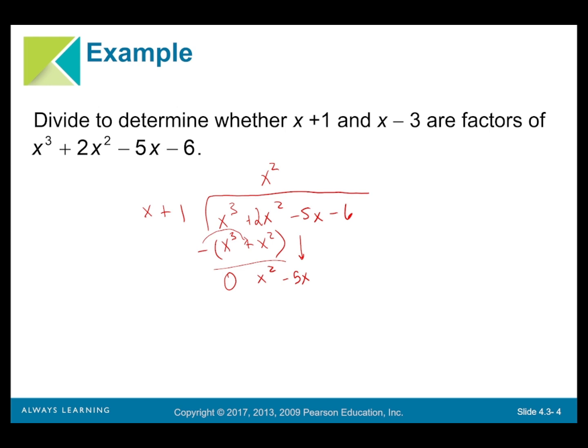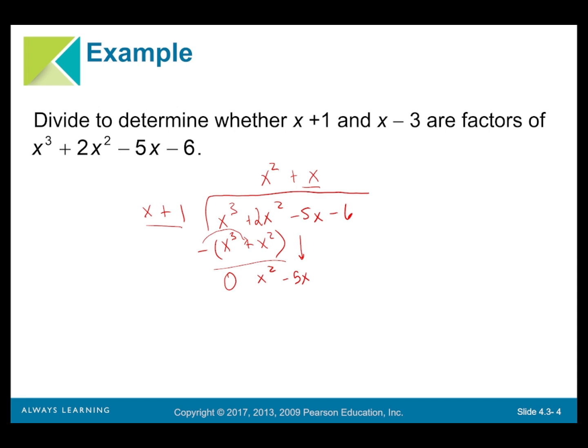Now I think to myself, what times x gives me the x squared term now? Well, x times x gives me x squared, so I'm going to write plus x on top of the house. That keeps my x lined up with the minus 5x in the house. Now I'm going to carry out the multiplication between this new term x and the x plus 1.